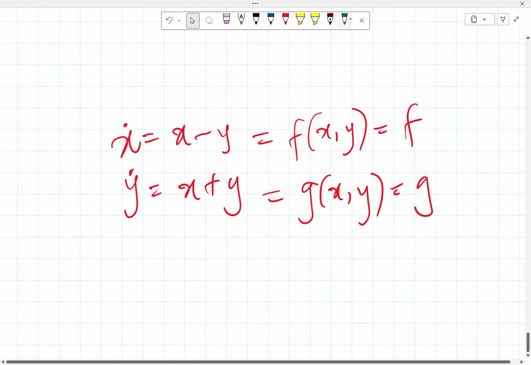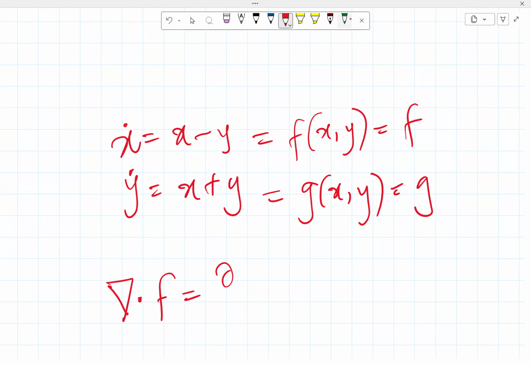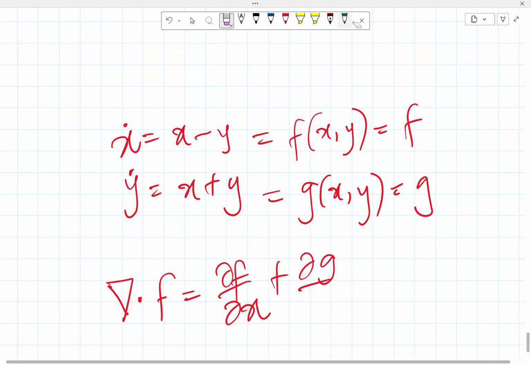So if you do the grad dot F now, it's more like saying the partial f partial x plus partial g partial y. If you have up to a third one, that'll be the partial h partial z, but we just have this now.